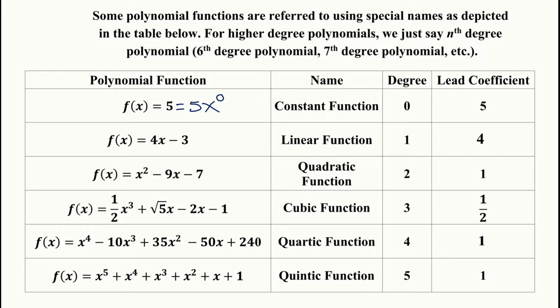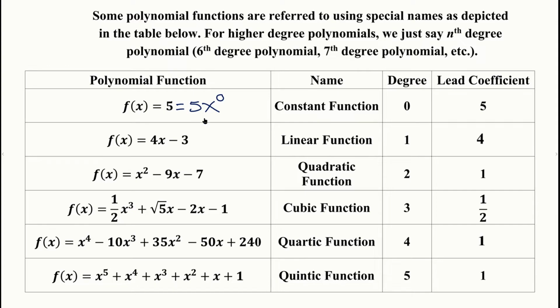So there's nothing necessarily special about the variable x. Now, as you can see, the degree of this polynomial is just the exponent of the variable, so therefore it's 0. So a constant function is a 0 degree polynomial, and the lead coefficient is the only coefficient there is, which is 5.